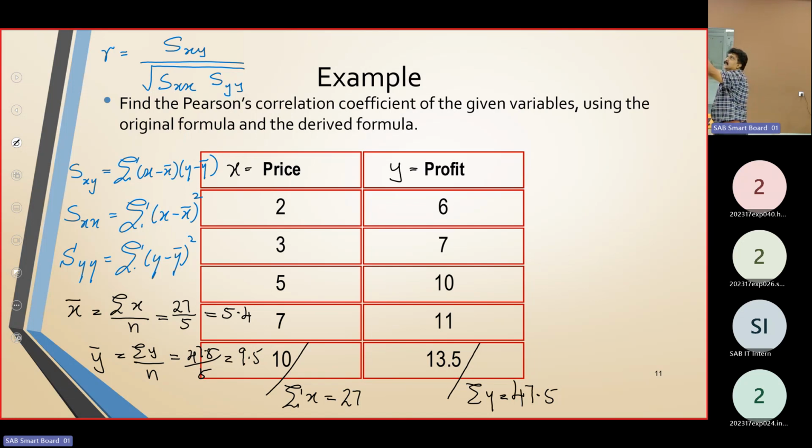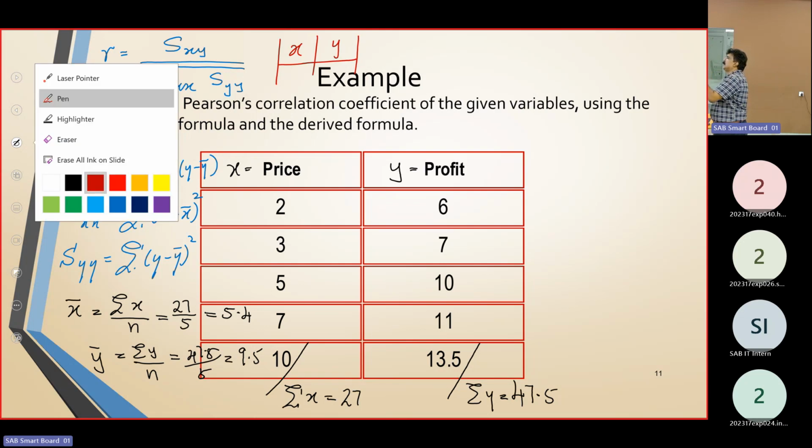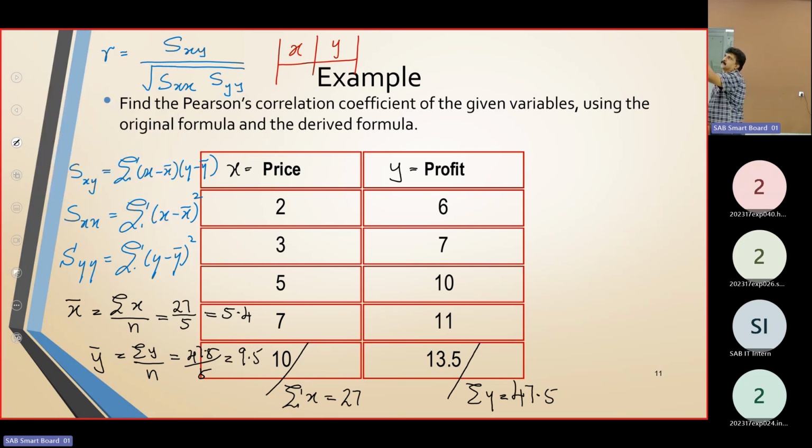So we have X, we have Y. So what are the other columns we have to develop? X minus X bar we need to develop. Y minus Y bar we need to develop.